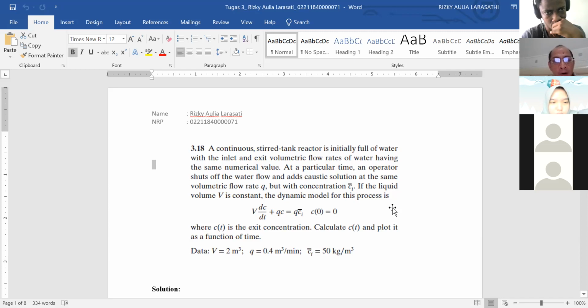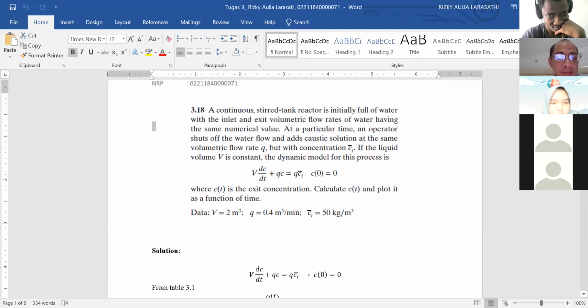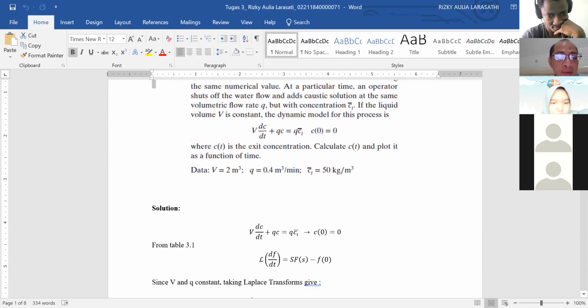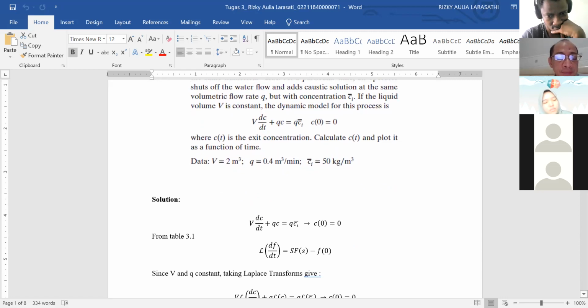Calculate Ct and plot it as a function of time. The data are V equal to 2 meter cubed, Q equal to 0.4 meter cubed per minute, C equal to 50 kilogram per meter cubed. So this is the solution, where there is an equation.